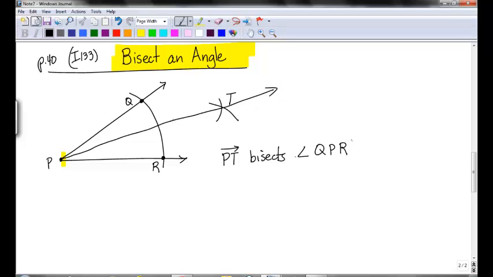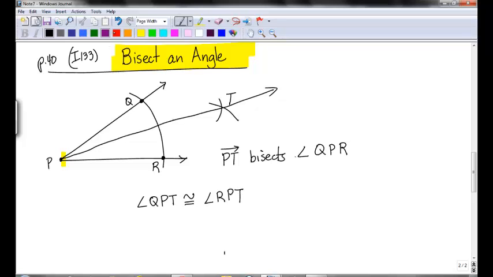If I name this angle RPQ, would that be the same as this? Isn't it the same angle? QPR is the same as RPQ? Yeah. My vertex is in the middle. It's the same angle. So if that bisects it, then angle QPT is congruent to angle RPT, right?